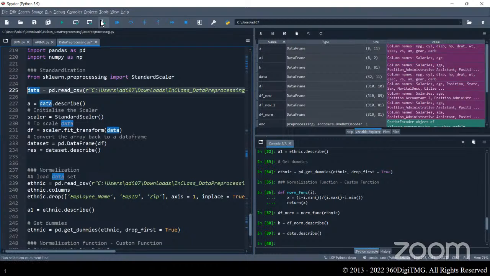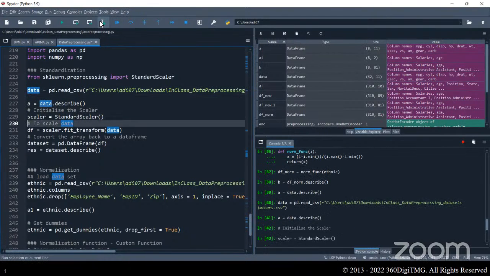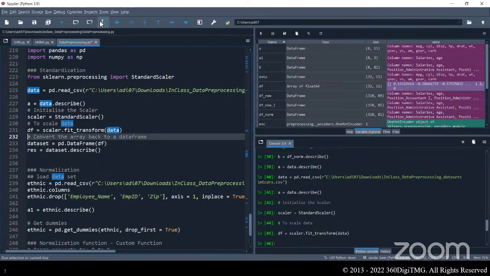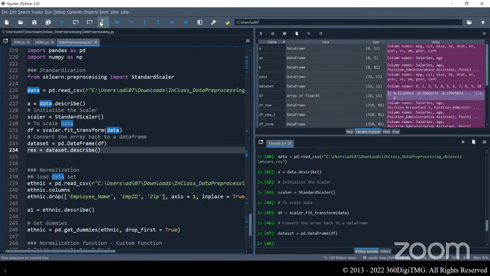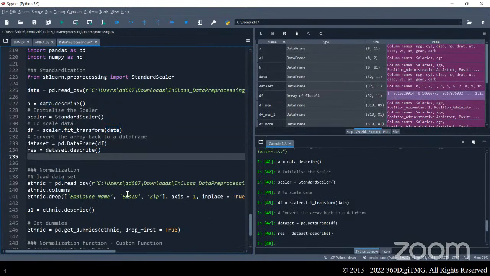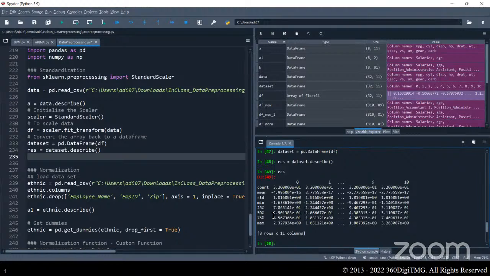Let me just load the data set again. We'll run this, we'll import our standard scaler. We'll apply it on a data frame, and then we can print the result. So here we can see that the mean is near 0 and the standard deviation is nearly 1.